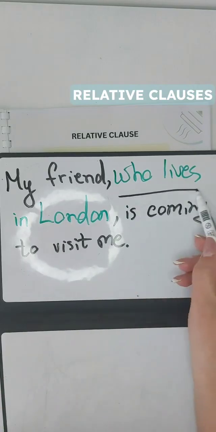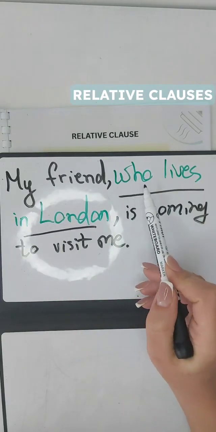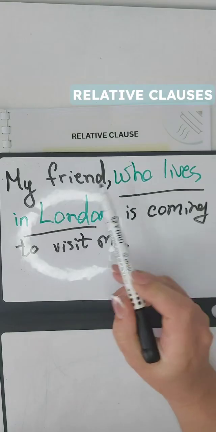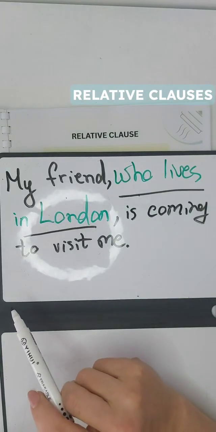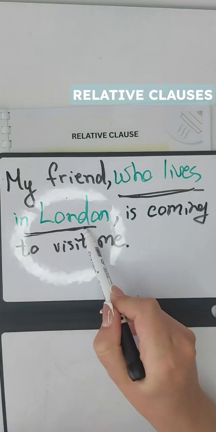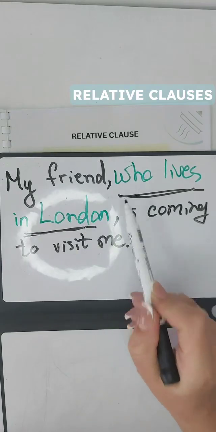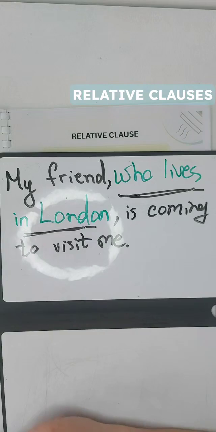Is this information extra, or do I need this information to identify my friend? Is this information essential, or is it just extra information about my friend?